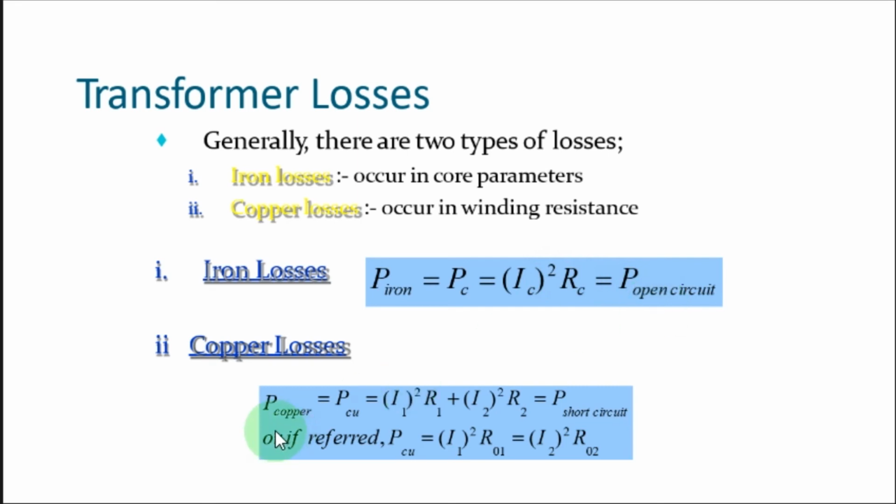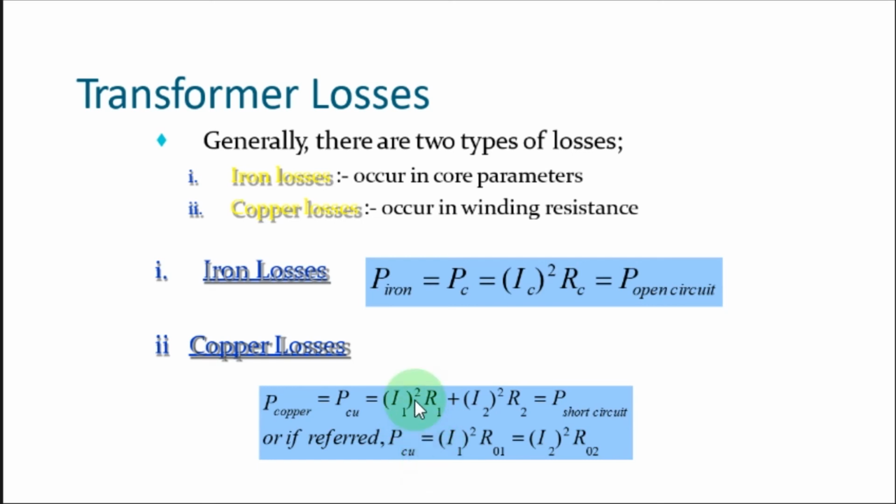And the copper losses we found from the short circuit test, which is basically equal to I1 squared R1 plus I2 squared R2, which is equal to the short circuit power drawn by the transformer. So this is referred to the primary, and this is referred to the secondary.